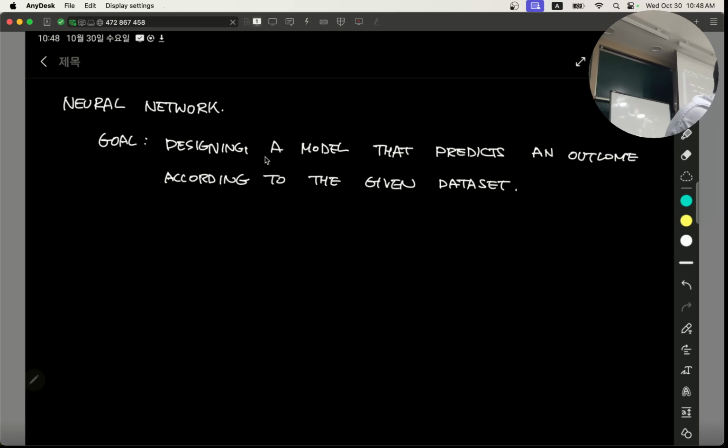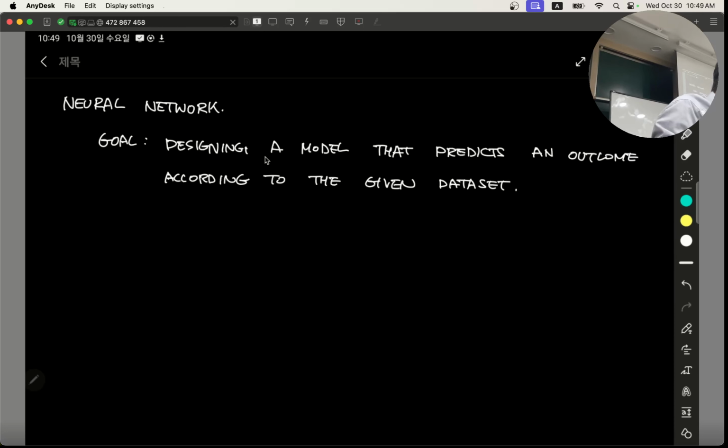And in order to predict, it needs some data set, database, or some resource, so that they can tune the model so that it outputs the right answers for the customers or users.